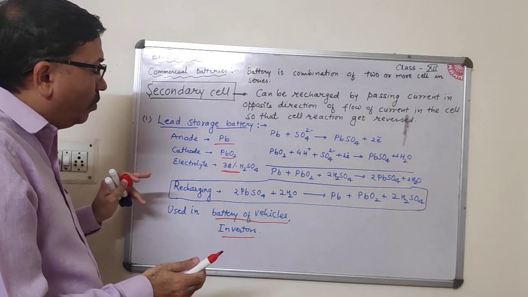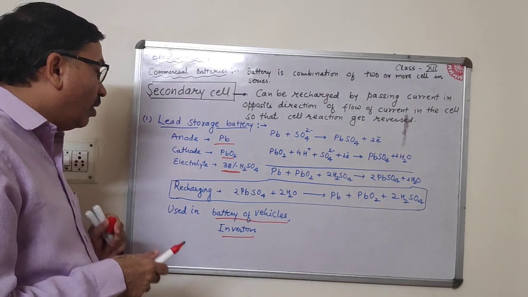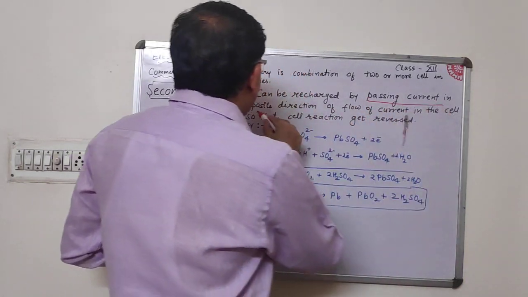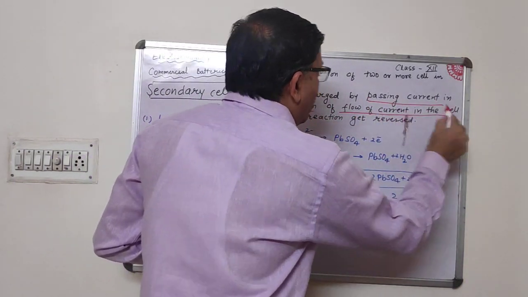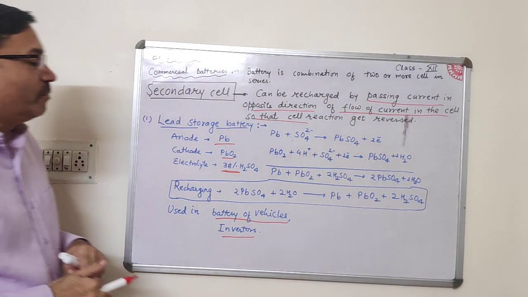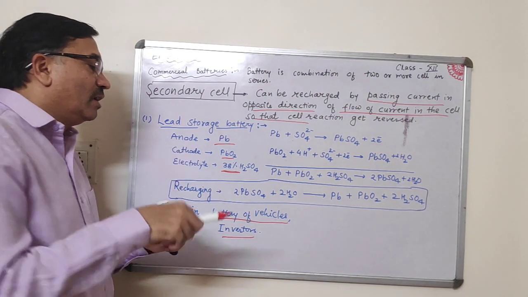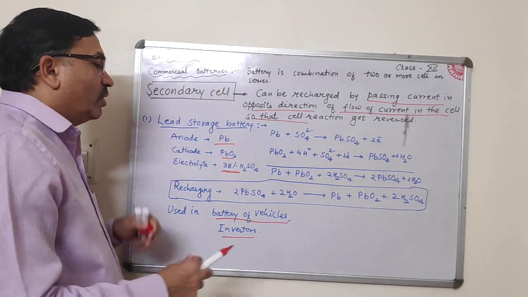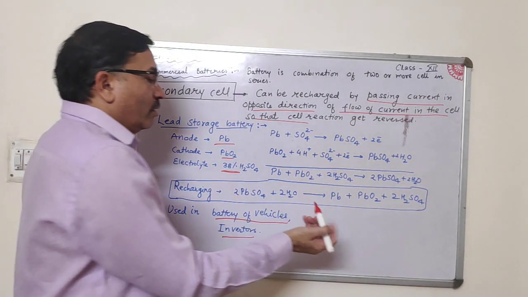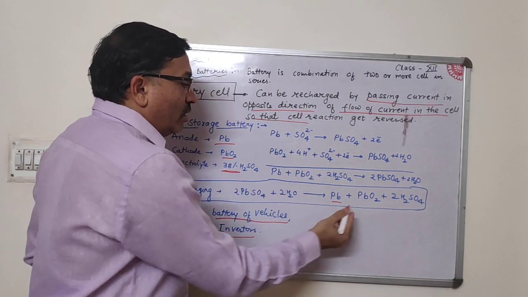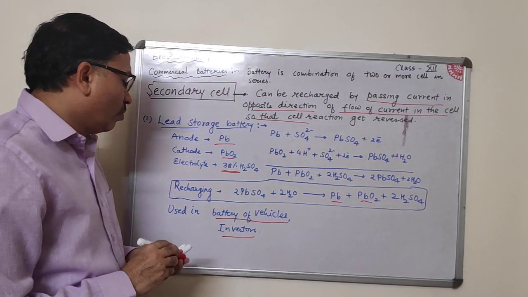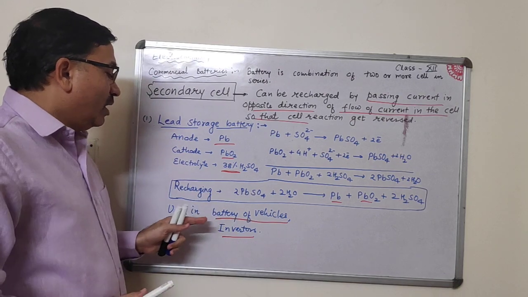When we want to recharge the cell, as I told you, we pass current in the opposite direction of the flow of current in the cell so that the cell reaction gets reversed. When we pass an external potential greater than the cell potential, the reaction reverses: 2PbSO4 plus 2H2O gives Pb at the anode, PbO2 at the cathode, and H2SO4, the electrolyte.